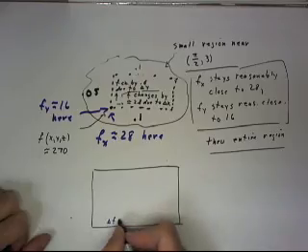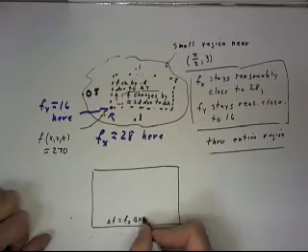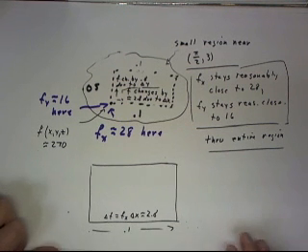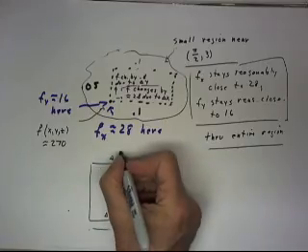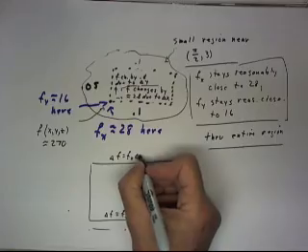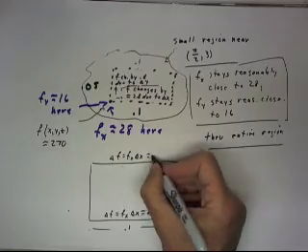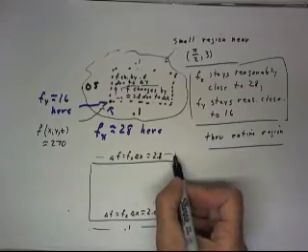Delta F equals fx delta x should be about 2.8, where this distance is 0.1. And here, delta f, which is fx delta x, should again be close to 2.8 as we move from here to here.